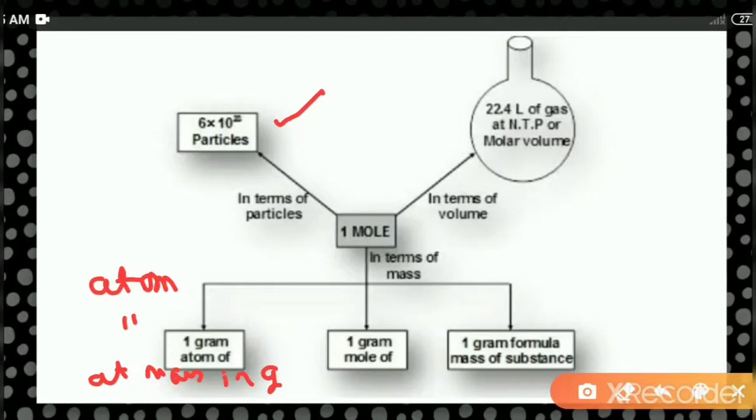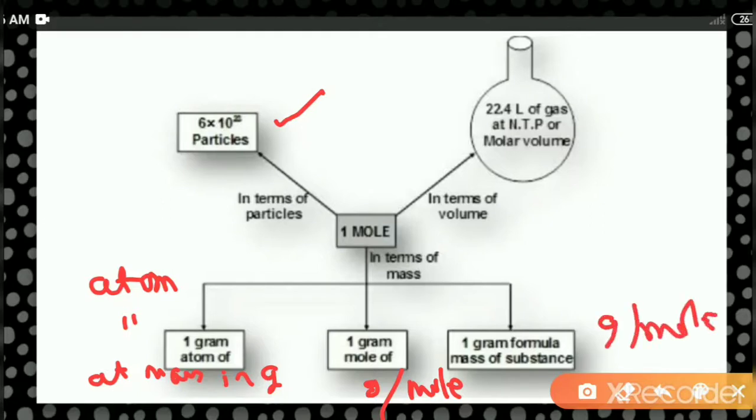But when we talk about a molecule, the mass of 1 mole of a molecule is equal to its molecular mass in terms of gram, that is gram per mole. For example, the mass of 1 mole of water molecules is 18 gram per mole. And in terms of formula, the mass of 1 mole of a formula unit is equal to its formula mass in terms of gram per mole.